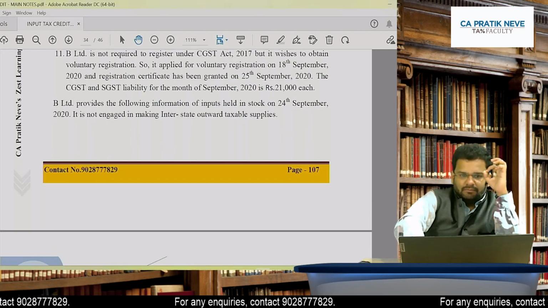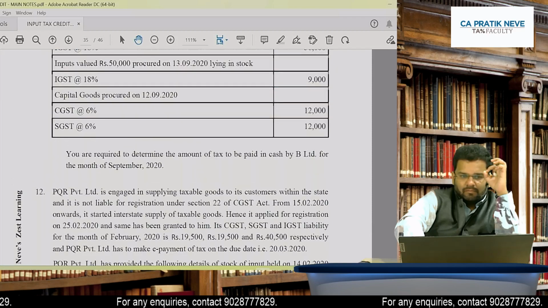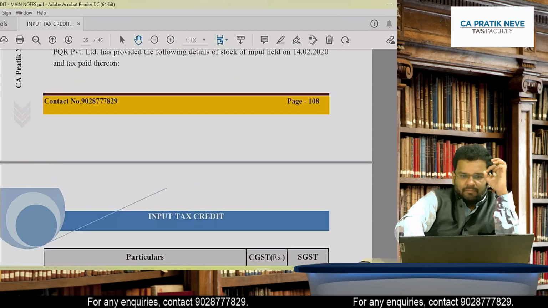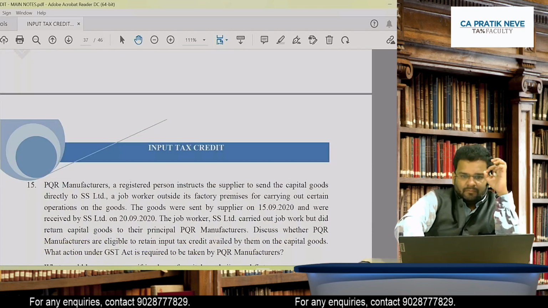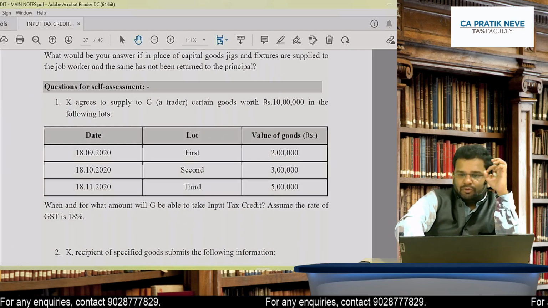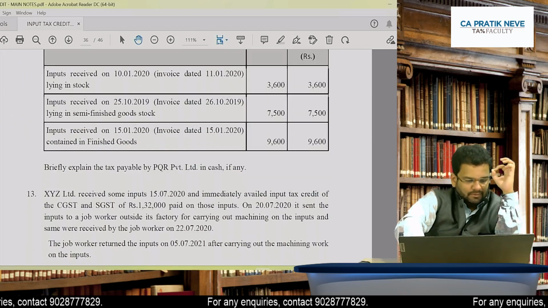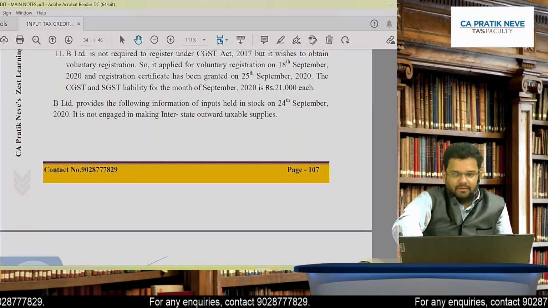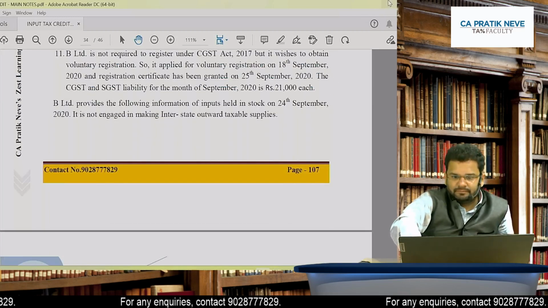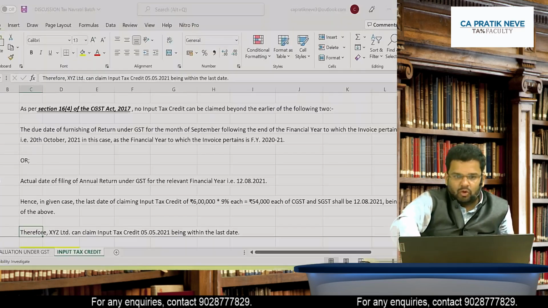Going ahead, so is it clear to all of you till this point? Yes. Go to the Excel file.